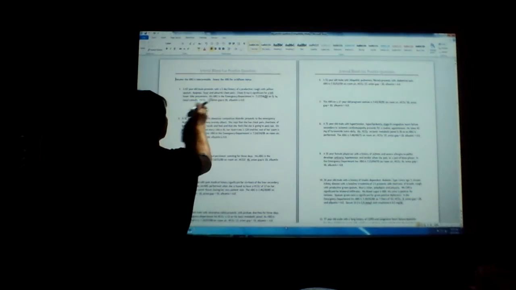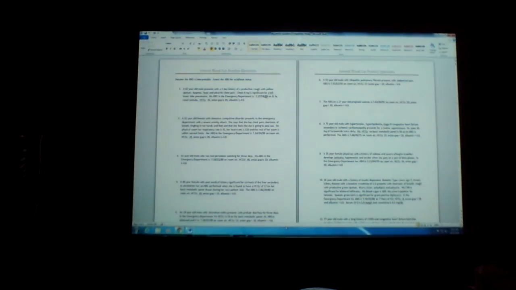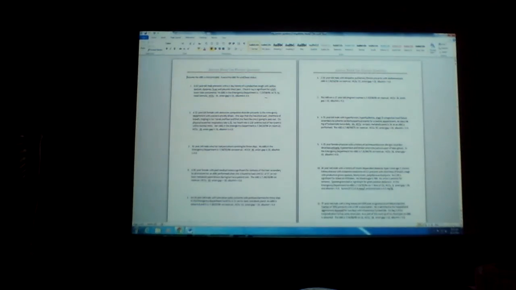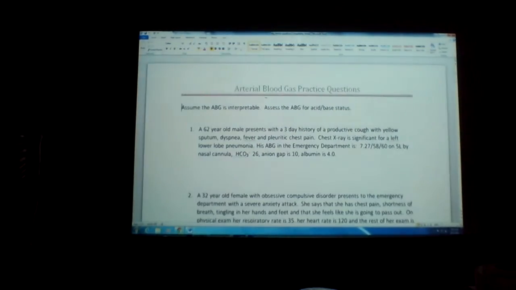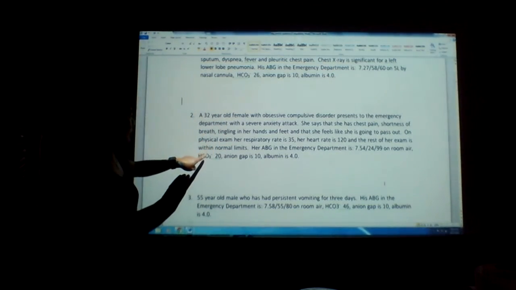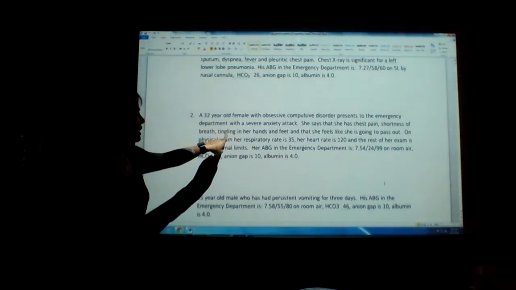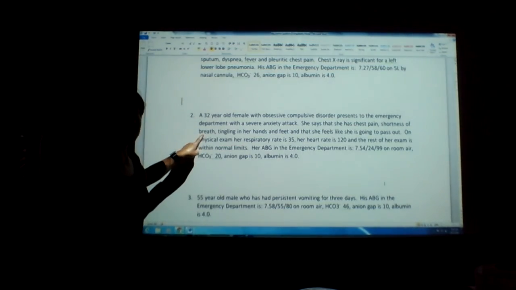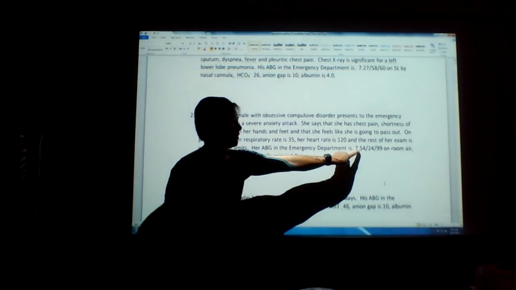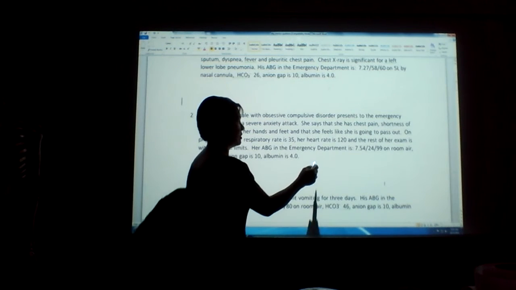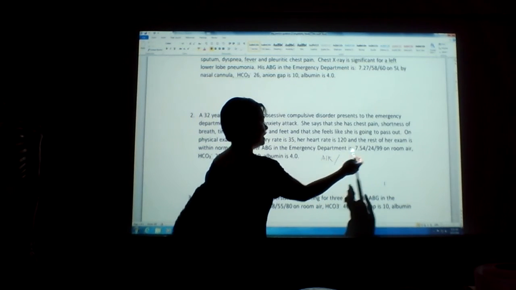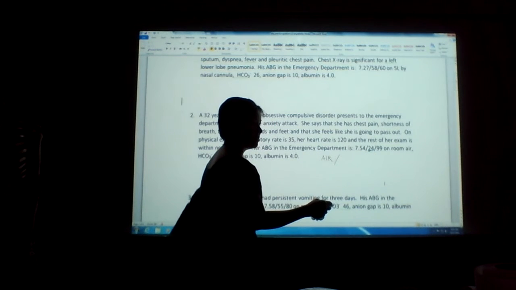How about this? Can you read it? Okay. How about this one now? Obsessive compulsive, severe anxiety attack. So let's see. I don't know if it will be respiratory. Tingling and shortness of breath. So must be respiratory also, right? So 7.54. Alkalosis, acidosis. Alkalosis. Then this one, the carbon dioxide is low, right?